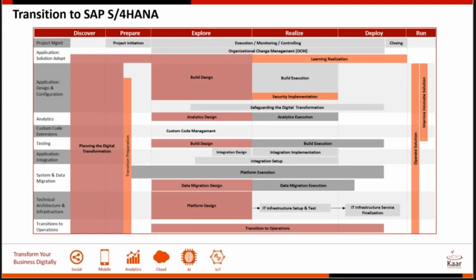Having talked about each of the workstreams, let us quickly touch upon the various phases in an S4 conversion project. Time-wise, if you look at the SAP S4HANA roadmap, it's structured into the discover, prepare, explore, realize, deploy, and run phases. So what happens in each of these phases?